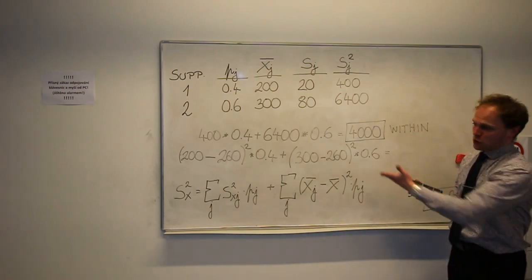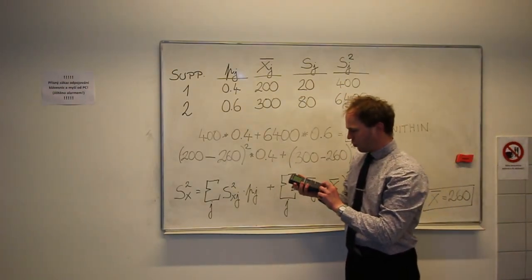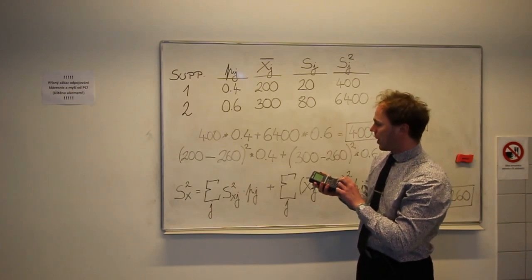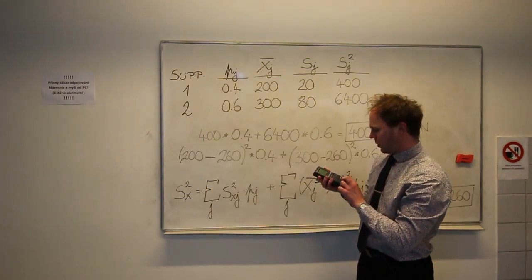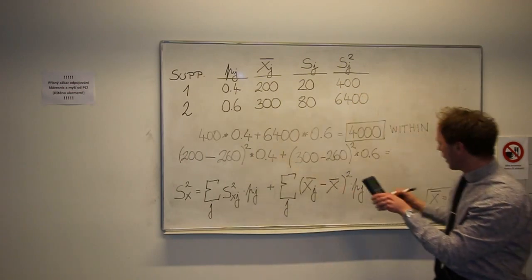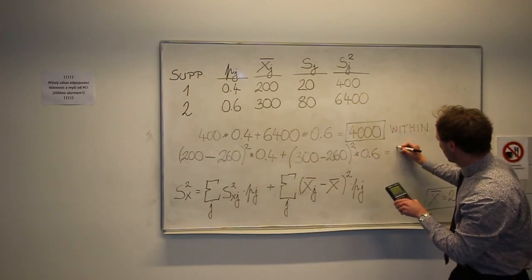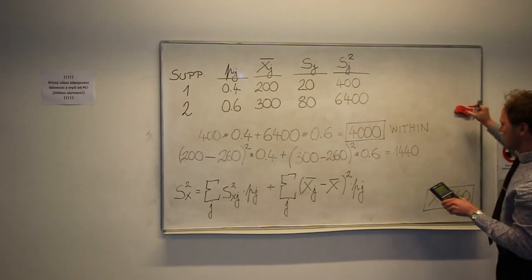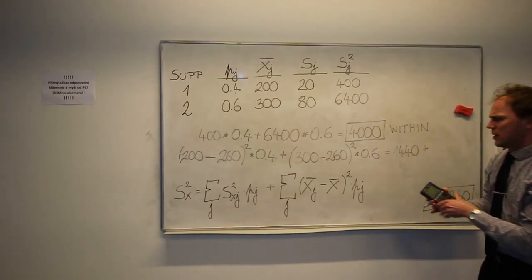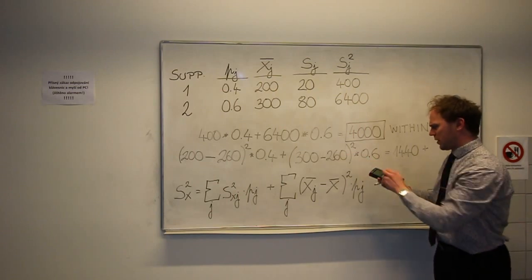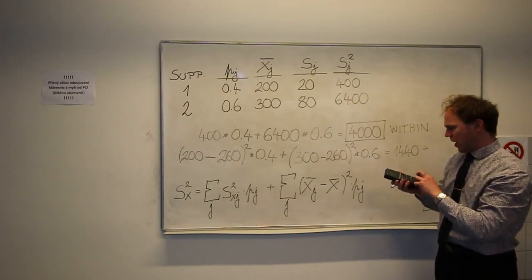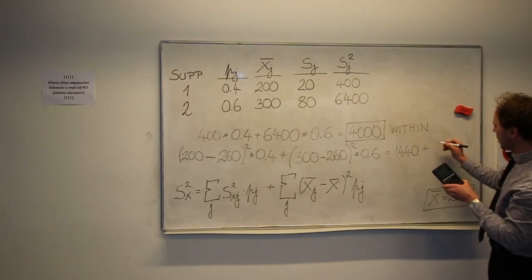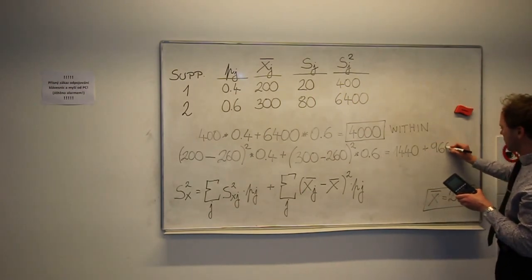Okay, so please try it. 200 minus 260 squared times 0.4. So the first part is 1,440. The second part, there is difference 40 squared times 0.6, 960.